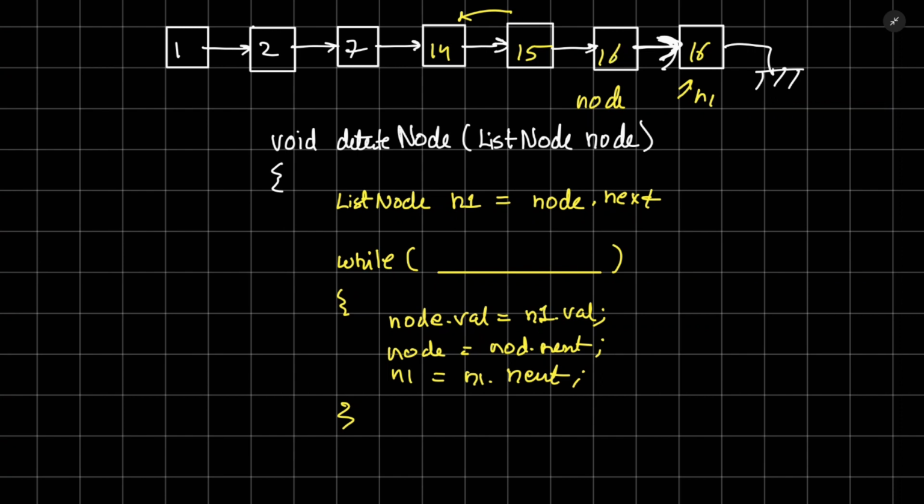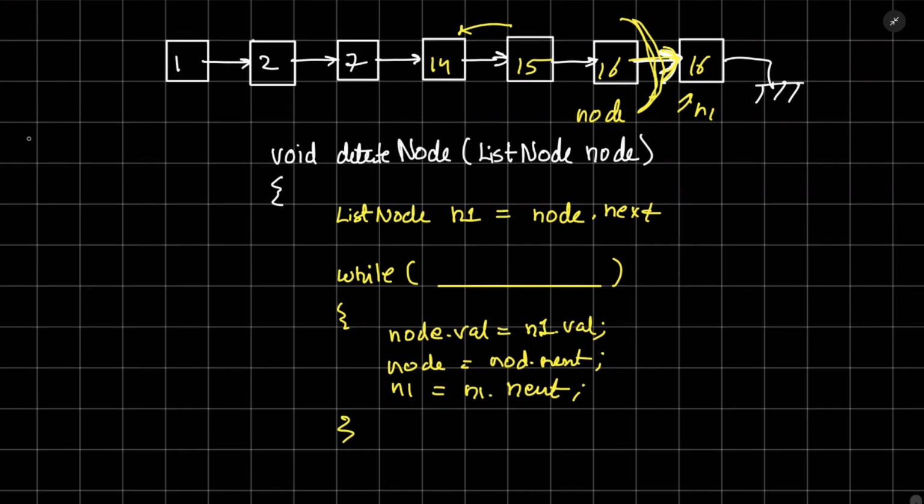And now as our n1 is here, as we have reached the second last node, we need to set this pointer to null. Okay, so our original list before was 1 2 7 -1 14 15 16.